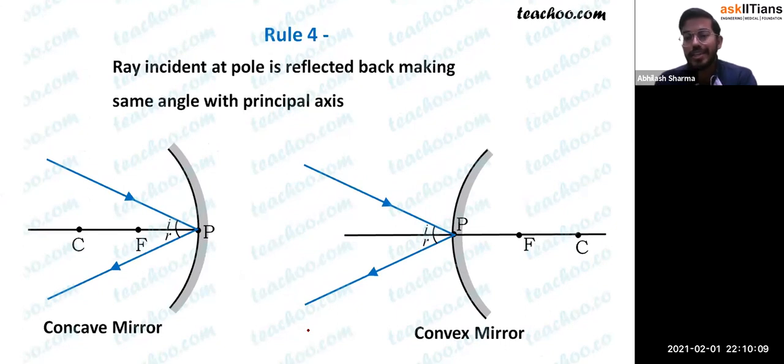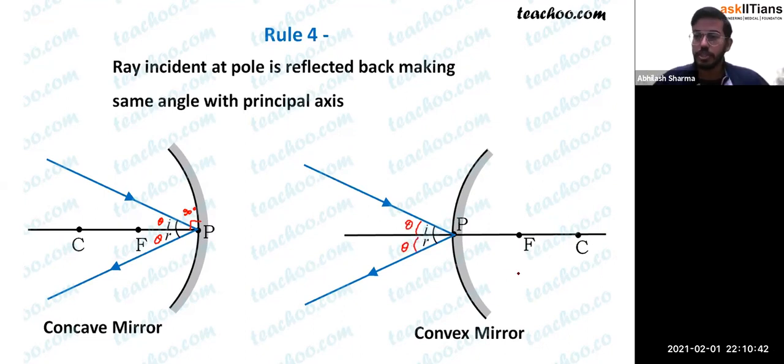Well, now the principal axis is itself the normal, at 90 degrees. So the angle the ray makes with the principal axis becomes the incidence angle. And then, according to the law of reflection, if this is theta, this has to be theta. So the ray reflects symmetrically, isn't it? It makes the same angle with the principal axis. So whenever rays fall directly at the pole, the reflected ray makes the same angle.